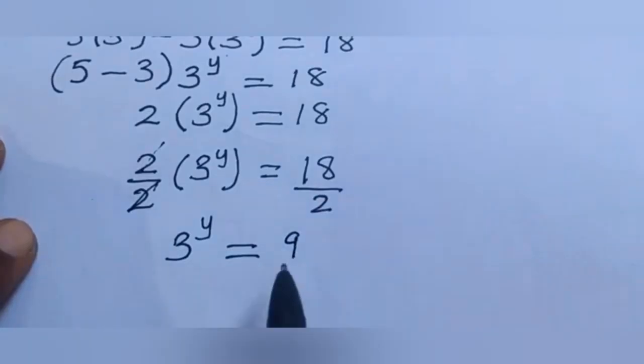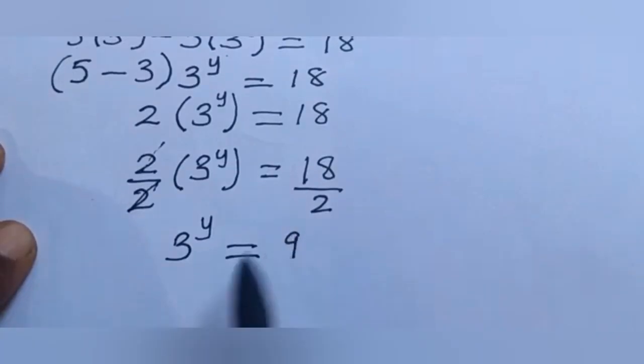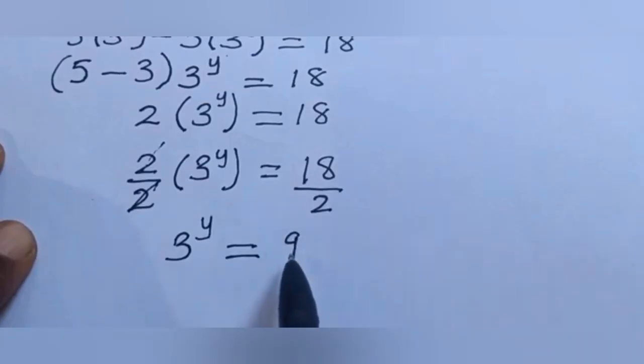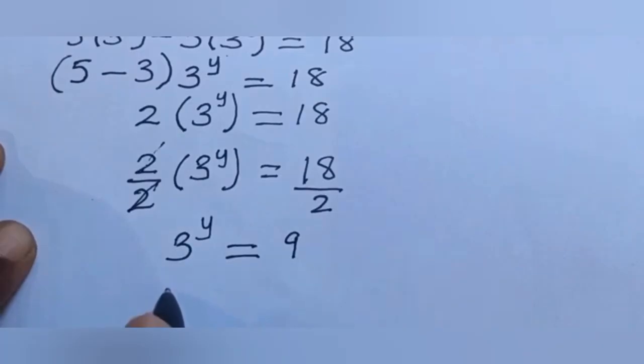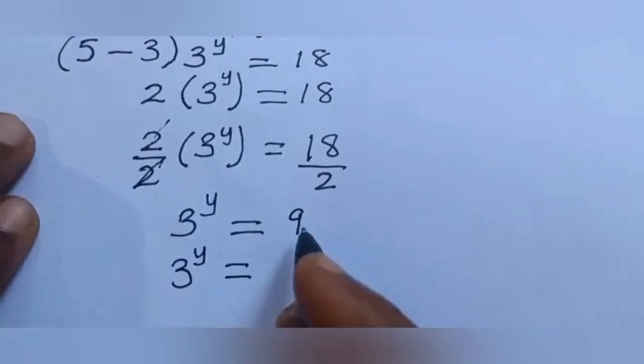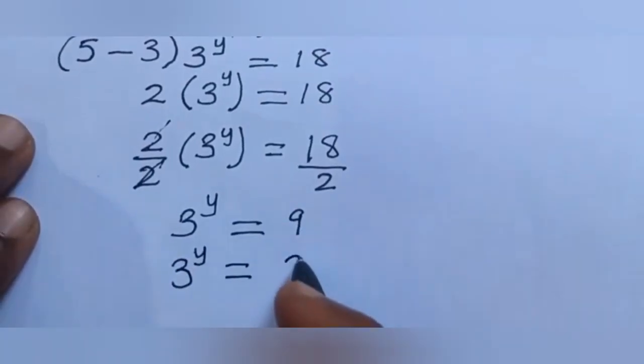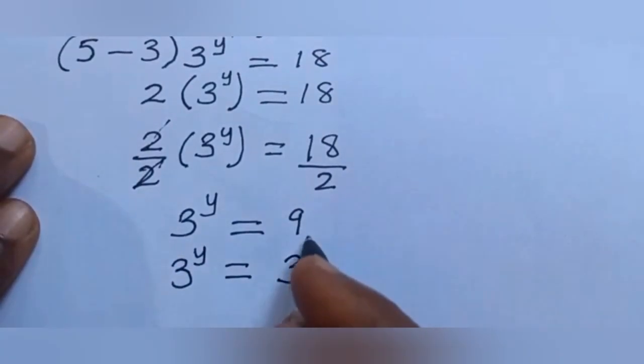We want to express both sides with the same base. So we express this 9 in the form of 3 raised to power 2. So we have 3 raised to power y equals 9, which is the same as 3 raised to power 2.